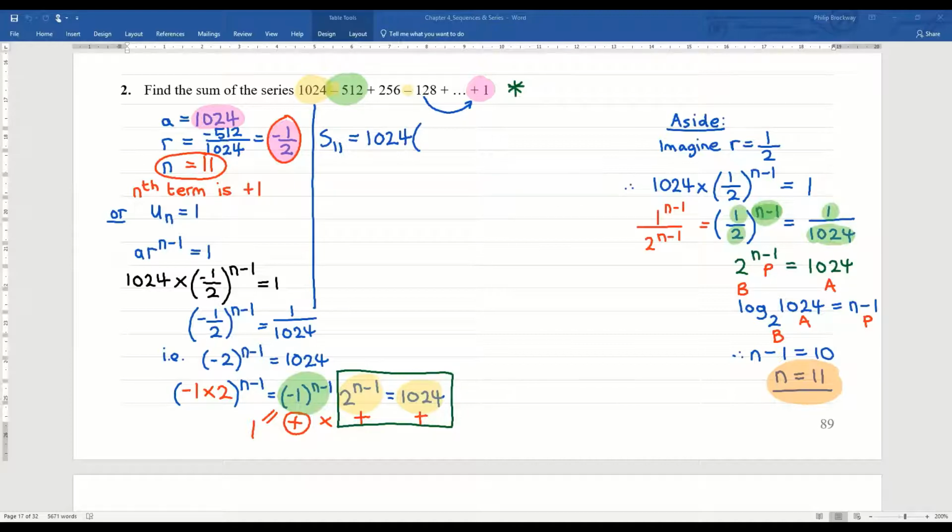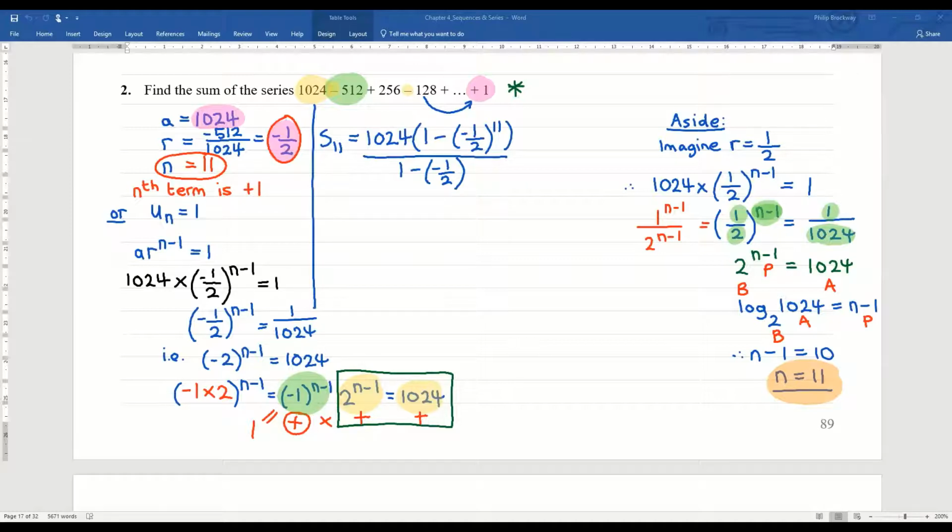Again, it doesn't really matter as long as you're confident with your negative signs. So we're going to have 1 subtract (-1/2)^11, close that bracket, all over 1 subtract negative 1/2. Just check that: 1024 is a, r is negative 1/2 and the power is 11.